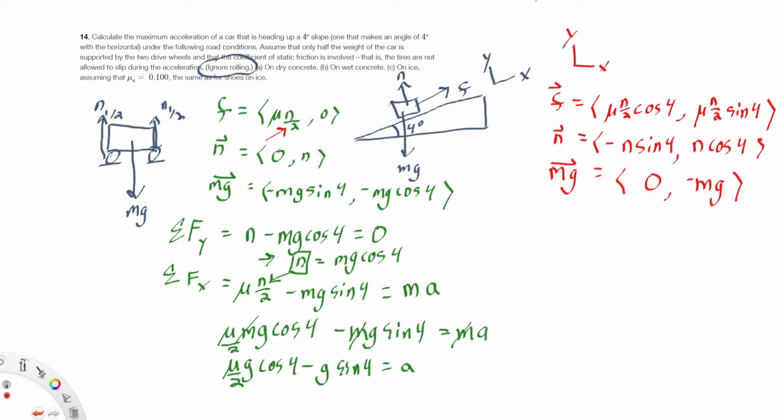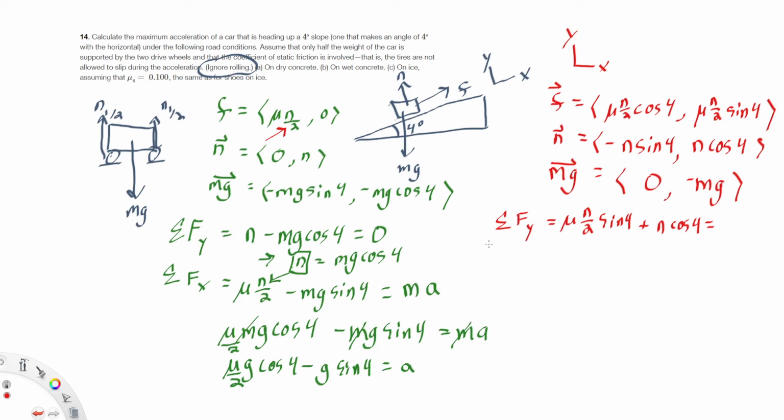Yep. So in the red perspective, we come down here, sum of forces in the y direction now is equal to mu n/2 sine 4 plus n cosine 4 equals, it's going to be 0 or not 0? Zero. No, it's going to be not 0.